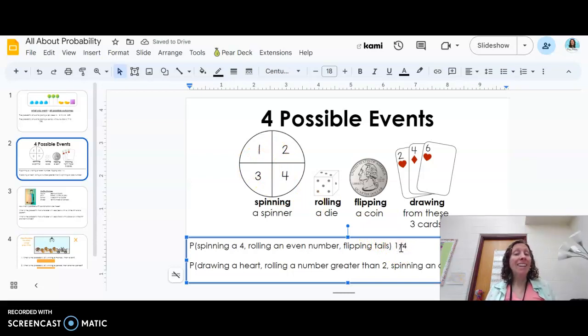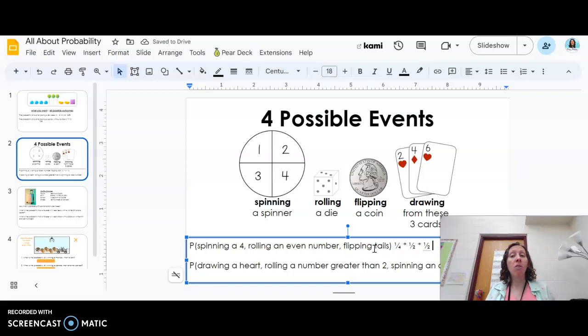Then rolling an even number. 3 of the 6 sides are even. That simplifies to 1/2. So we're going to do 1/4 times 1/2, but also times our next fraction. So flipping a coin and getting tails would also be 1/2.